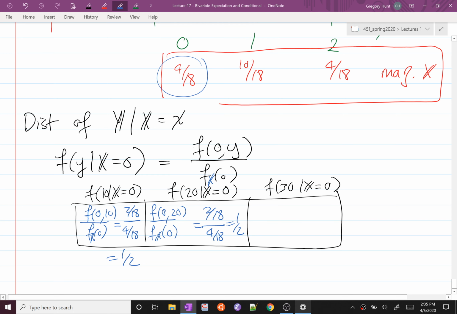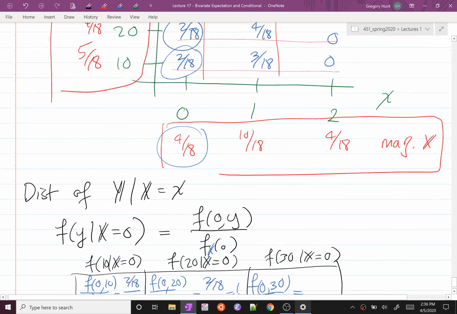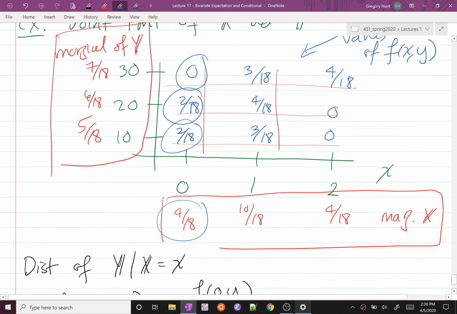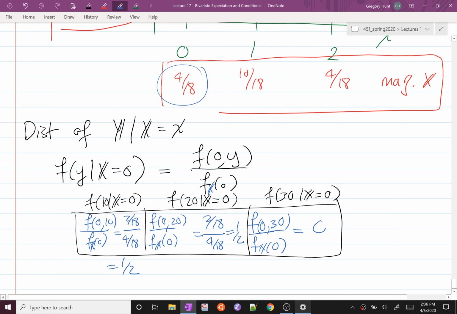The last one, f of 30 given x is 0, is f of 0, 30 divided by f sub x of 0. f of 0, 30 is 0, so the whole thing is 0.